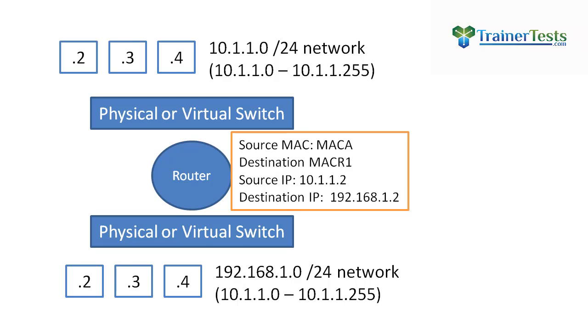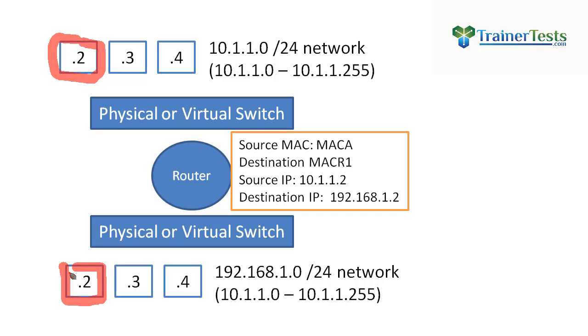Here's a more detailed look at that same packet that we looked at before. So in this scenario, again, this virtual machine up here, 10.1.1.2, is trying to communicate with 192.168.1.2.